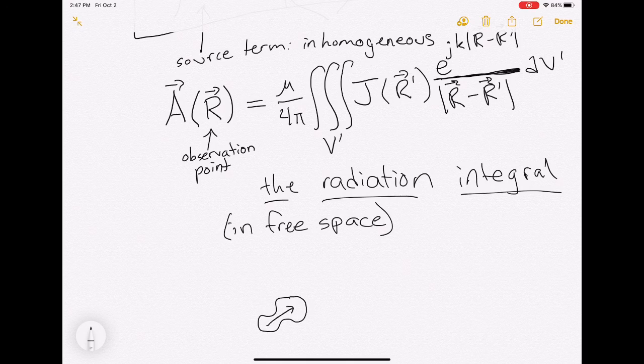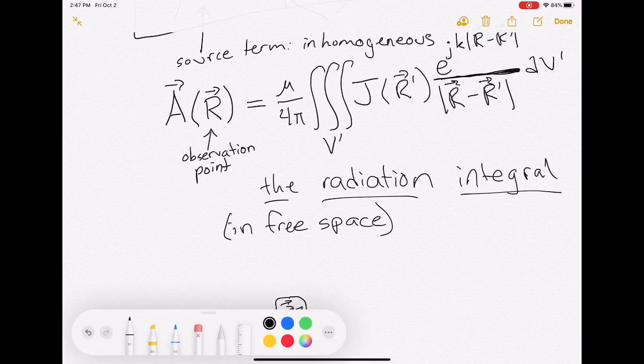We've got some current density J on this blob of sources. When we're evaluating this integral, I'm going to change colors here.